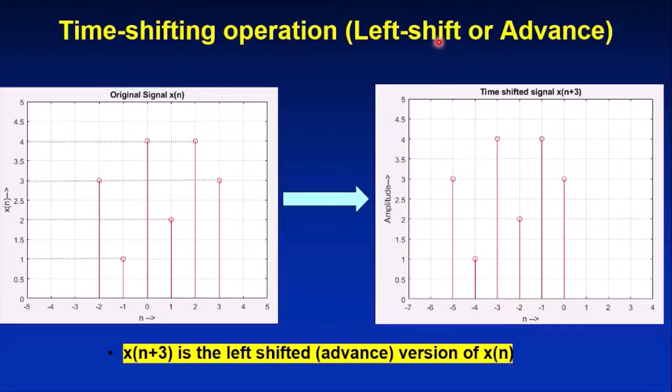This type of time shifting operation is called the advance operation, which is also called the left shift operation, where you replace n by n plus 3. If I have to generalize it, n is replaced by n minus k, where k is negative in this case. So here also we want to understand why it is a left shift.